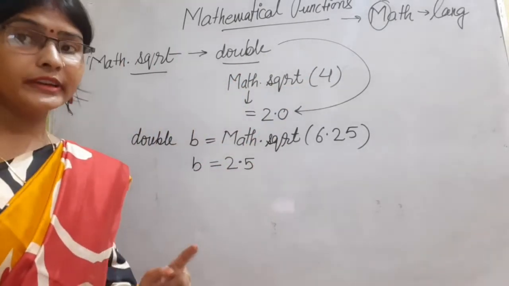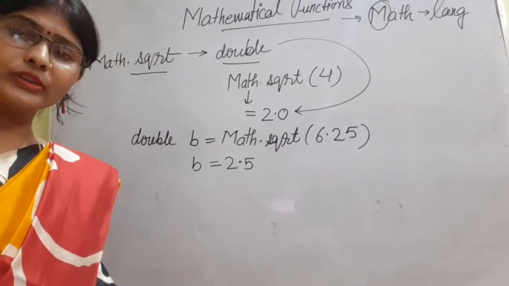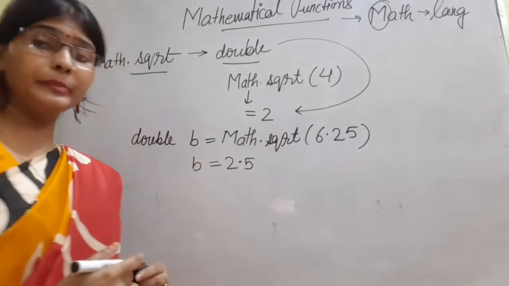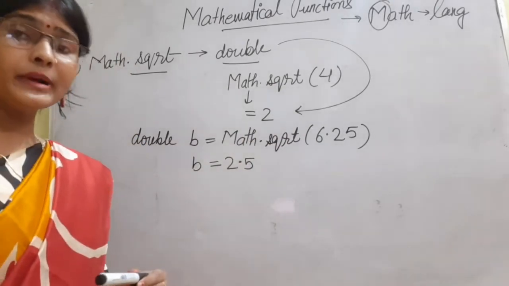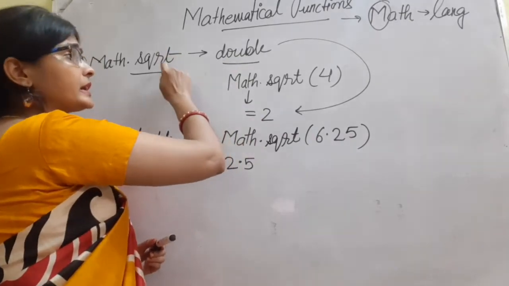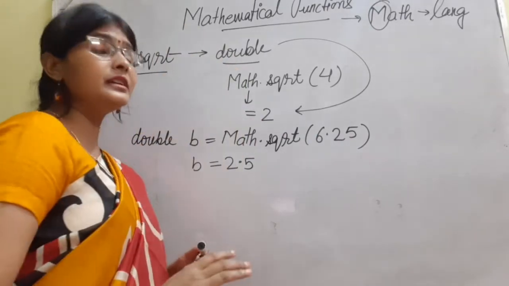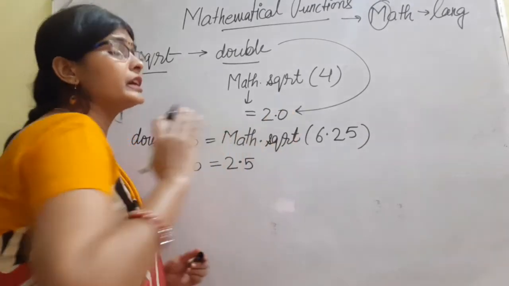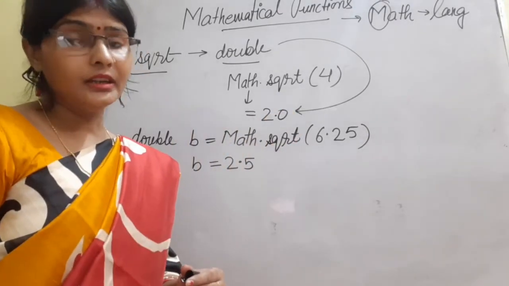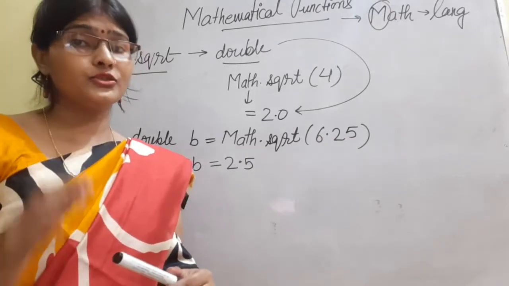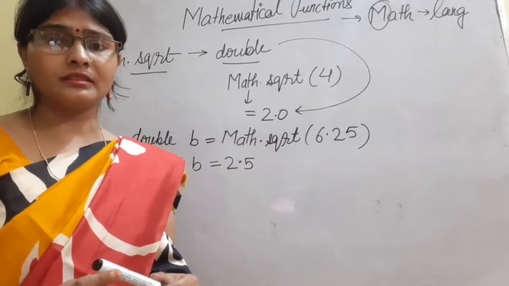If you do not write 0.0, though your answer is correct, like if you write 2 here, you will get 0 marks, because the return type of Math.sqrt is always double. So it will always return 2.0, never 2. Clear? If you do not write 2.0, your marks will be cut. So take care of this point.